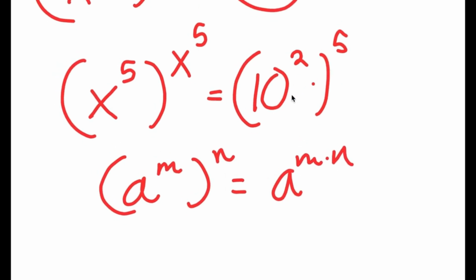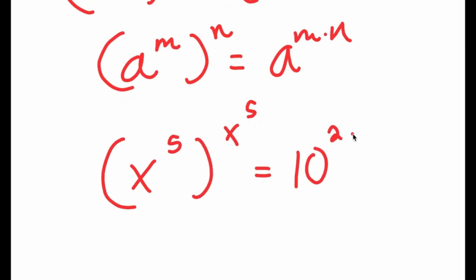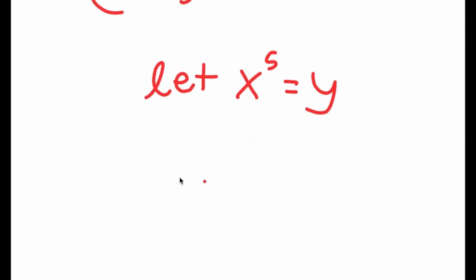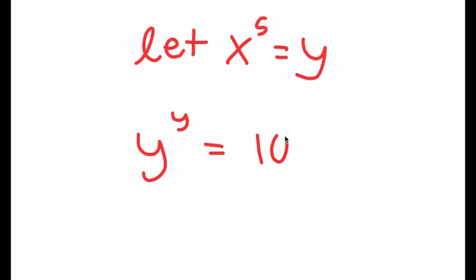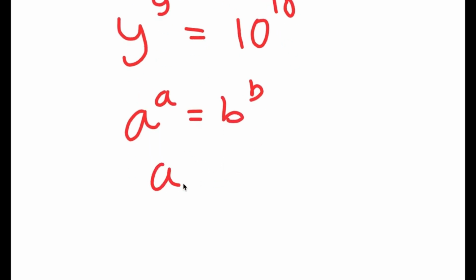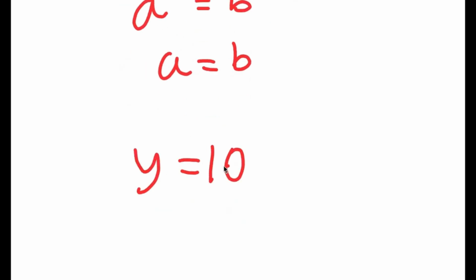So (10^2)^5 is going to equal 10^(2 times 5), and 2 times 5 is equal to 10. Now I'm going to let x^5 equal the variable y. So I get y^y is equal to 10^10. If I have something in the form a^a is equal to b^b, this means that a is equal to b. So in this case, y is equal to 10.